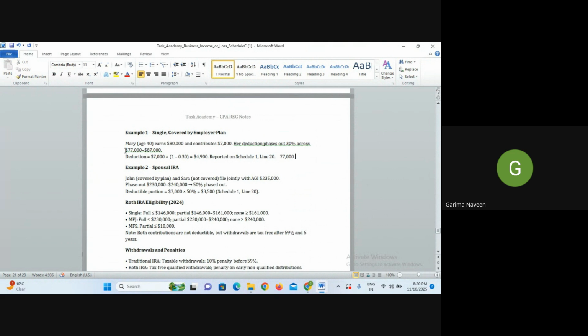Here the difference is $10,000, so your excess AGI is divided by this $10,000 limit, and you get the percentage of how much phase out has happened. If your excess AGI is $3,000, it will be divided by this limit. Here the limit range is $10,000. So you will get 30%.